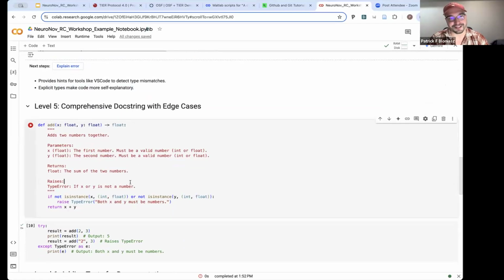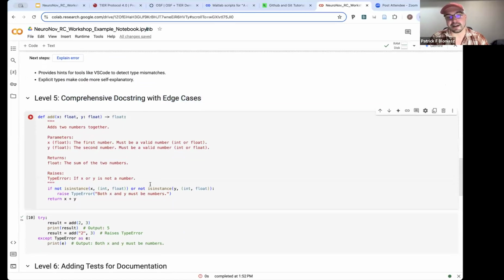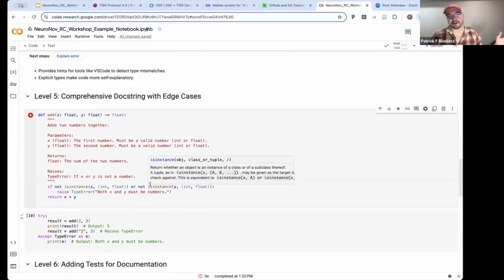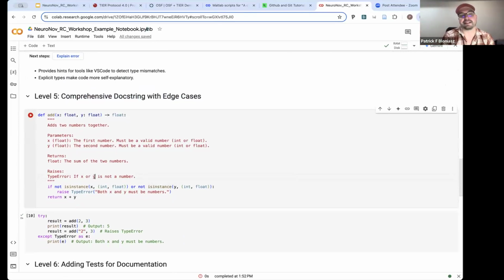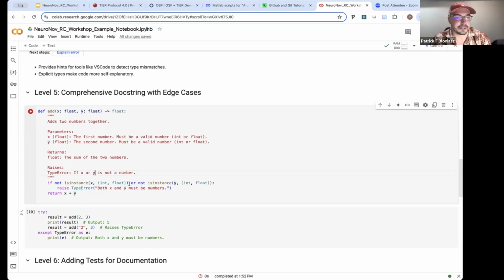We can do better still by having not only a comprehensive docstring, but also dealing with edge cases. I could do a whole lecture on error handling here, but basically we want to anticipate things that could go wrong. Like we were just mentioning, someone who tries to pass a word and a number into our function, which doesn't make any sense, as it doesn't make sense to add words and numbers.